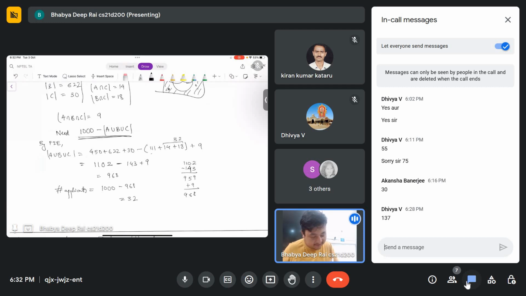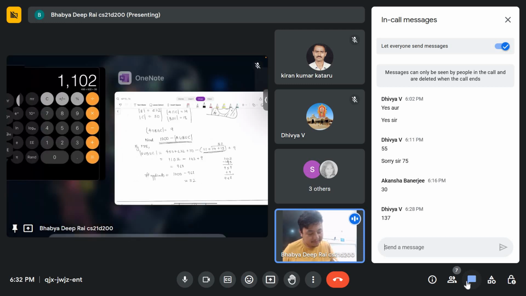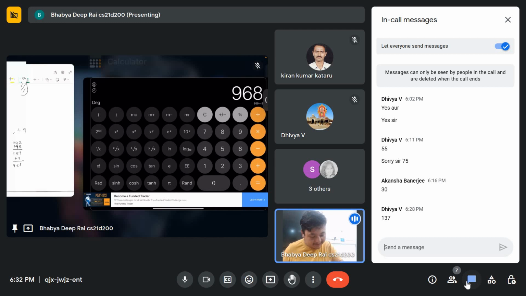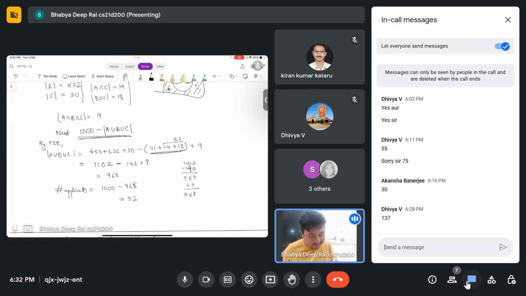Let's verify this. 111 plus 14, this should be correct. There shouldn't be anything wrong with this. Plus 9. So 1102 minus 143 plus 9 is 968. Oh yeah, this is correct. So 1000 minus 968 is 32.